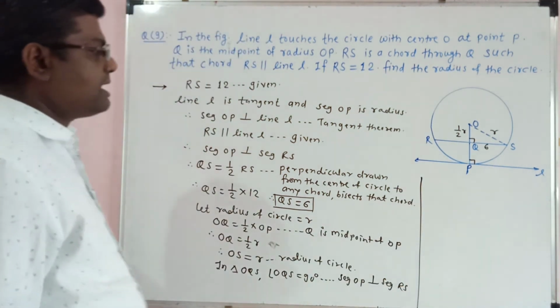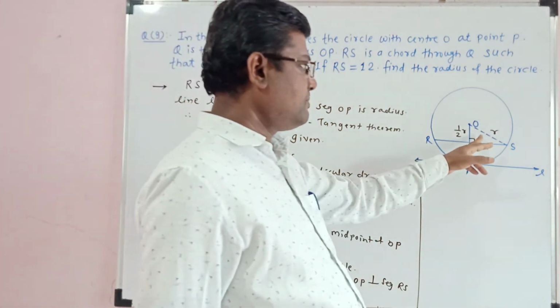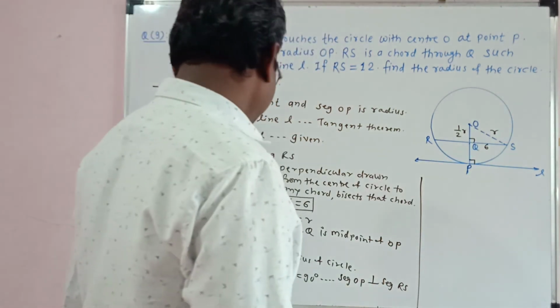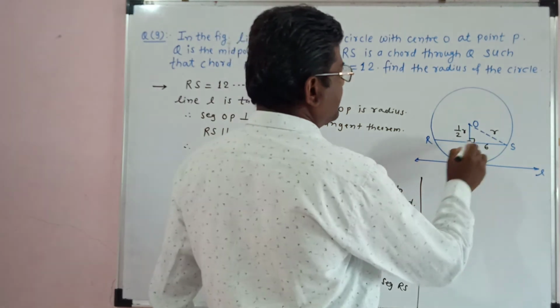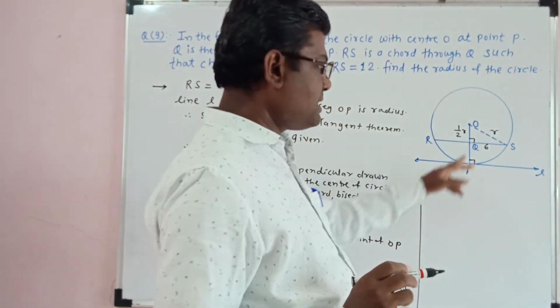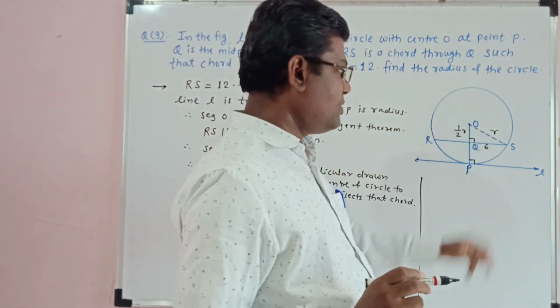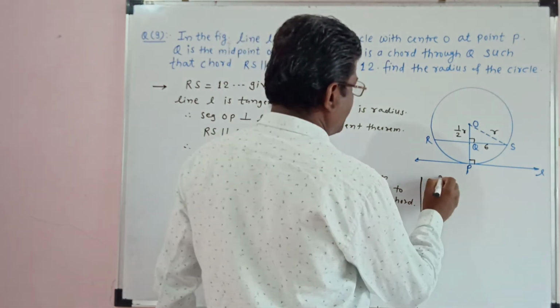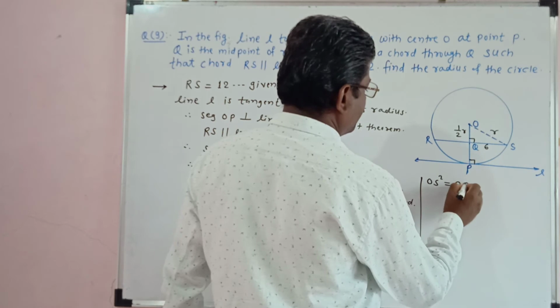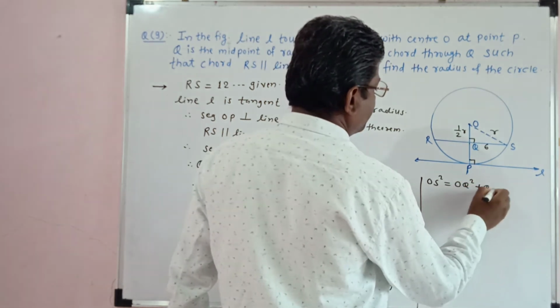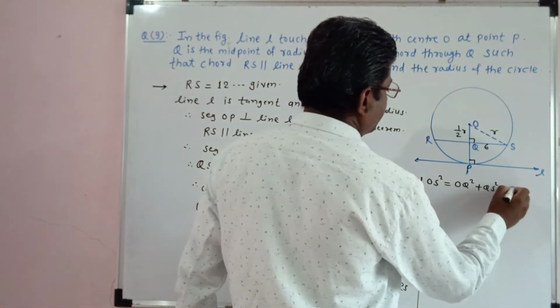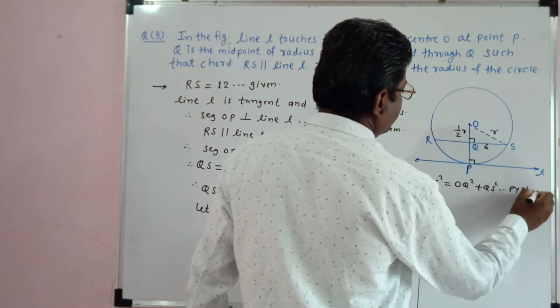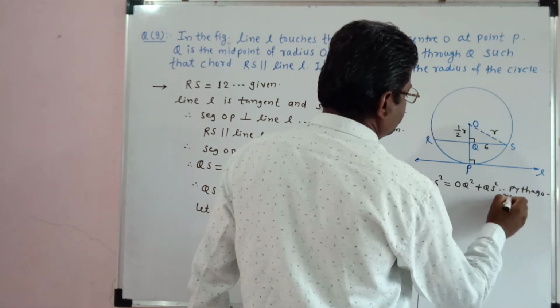So we can apply Pythagoras theorem for this triangle. This angle is 90 degrees. Therefore the side opposite to this angle, that is OS, is the hypotenuse. So we write OS square is equal to OQ square plus QS square. Reason is Pythagoras theorem.